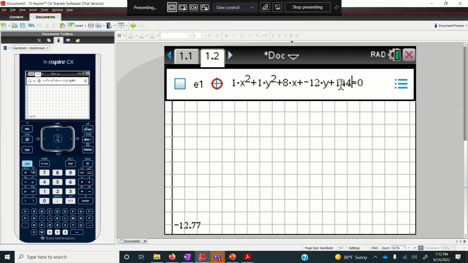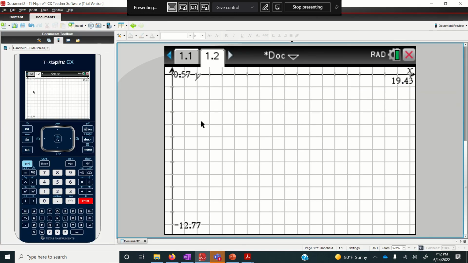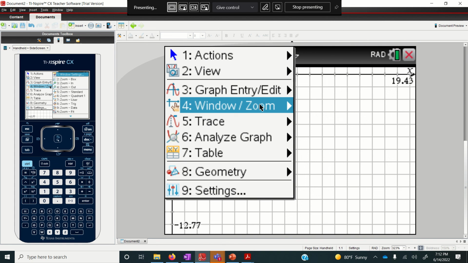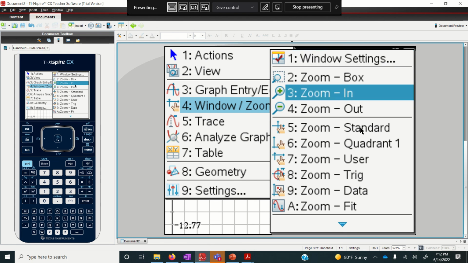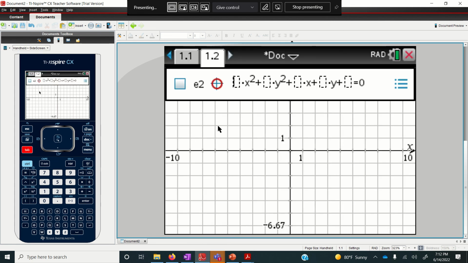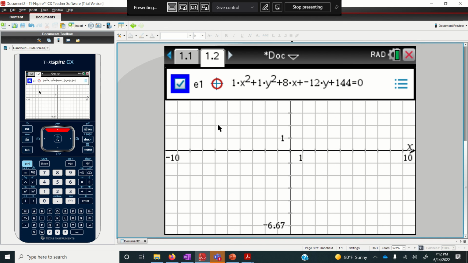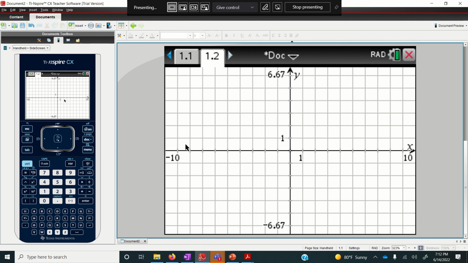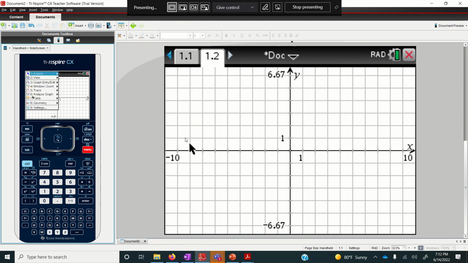Okay. And then we can go ahead and hit enter. I accidentally hit something, so I'm just going to click standard so it takes us back here. And then if we did it right, it should graph our circle. And if it doesn't like us, we can always zoom out.